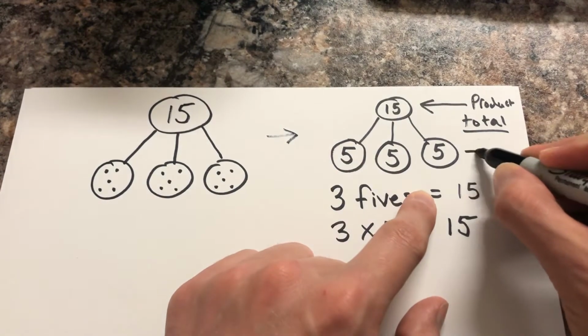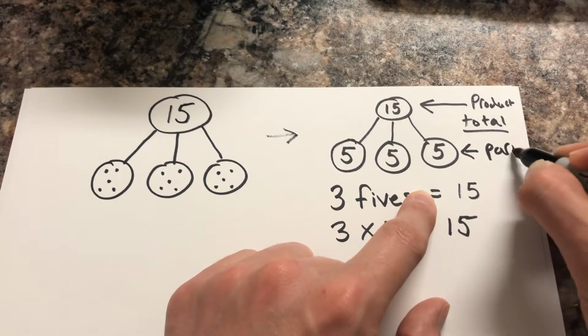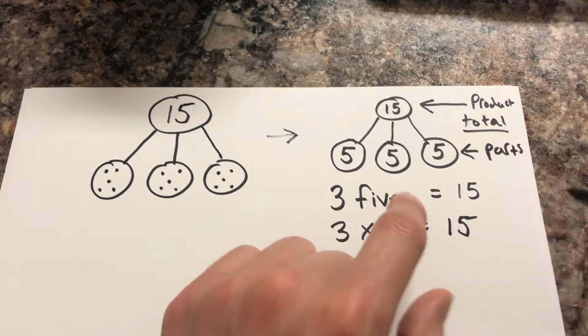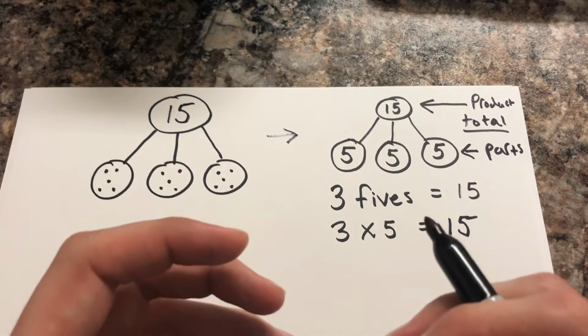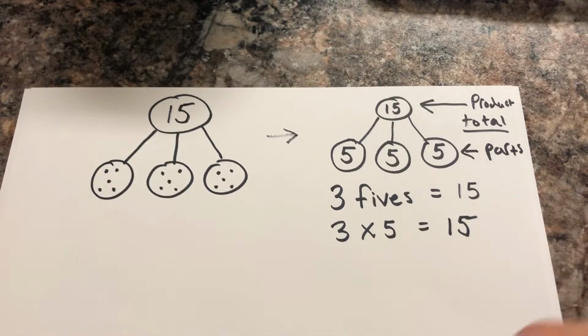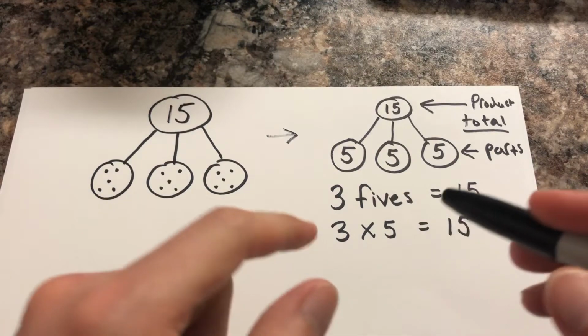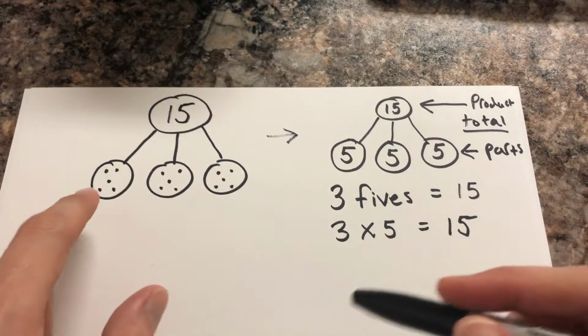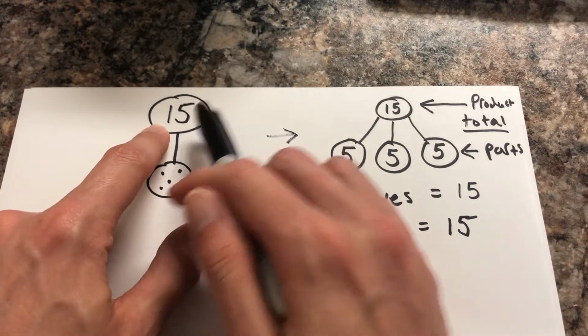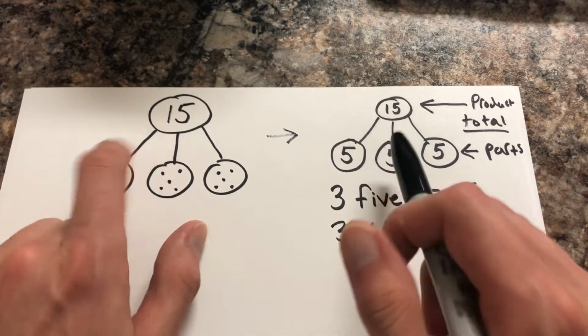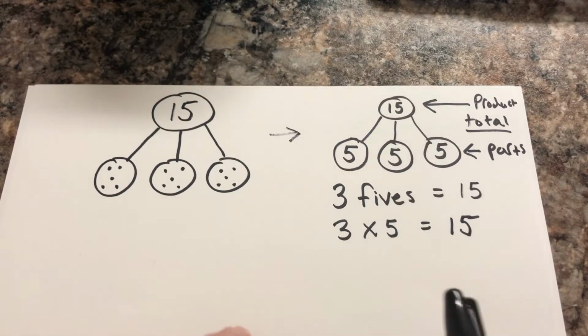We could say it's the groups. We could say it's how many are in each group, right? So a number bond is a great way that we can show our understanding of multiplication by saying, okay, I'm going to take all these 3, put them all together, and get the total. Okay, now that's a number bond.